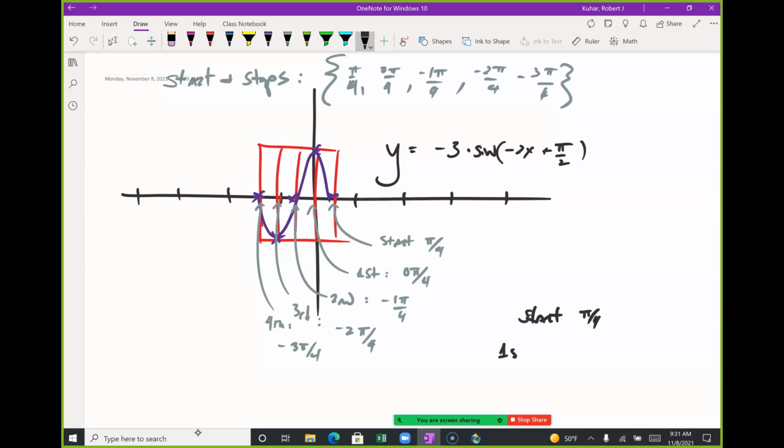My first step is pi over 4 plus the quarter step, and the quarter step we figured out was minus pi over 4. So pi over 4 minus pi over 4 gave me my first step at 0. I started at pi over 4, took my first step, went to 0 pi over 4, went to minus pi over 4, minus 2 pi over 4, minus 3 pi over 4.